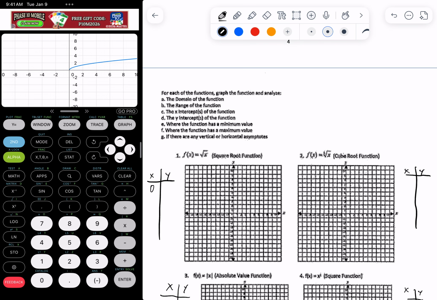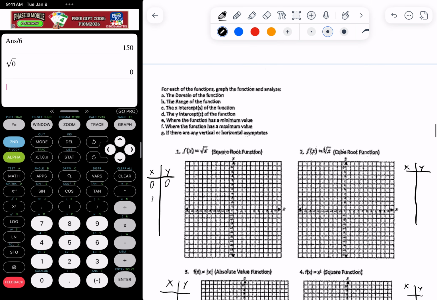We'll start at 0 and 0, because the square root of 0 is 0. Then 1 and 1, since the square root of 1 is 1, and then 4 and 2 because the square root of 4 is 2.